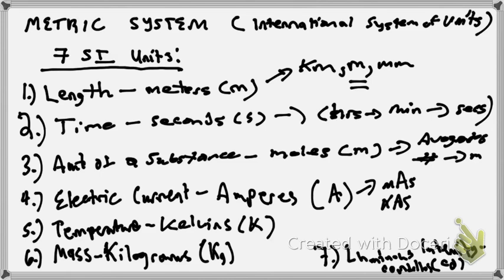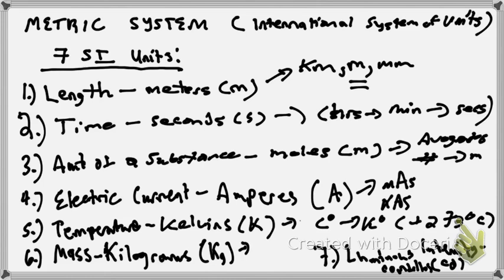We also will need to know temperature, where we have to convert from Celsius to Kelvins. We add 273 degrees. And mass to kilograms. A lot of conversions here. This is probably going to be one of the more important ones, the type of conversions that we're going to do.